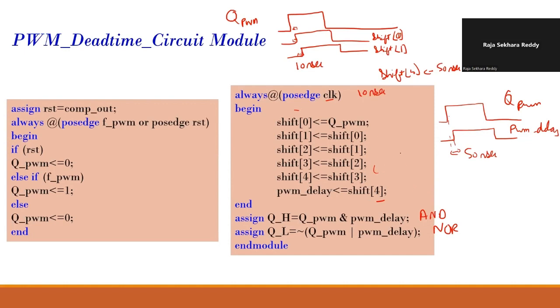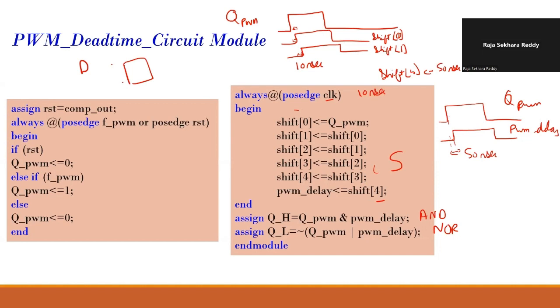Sir, this is parallel, no? This is non-blocking. We are using less than or equal, so it happens simultaneously. Yes, non-blocking. It is actually just a D flip flop, a connection of D flip flops in series.